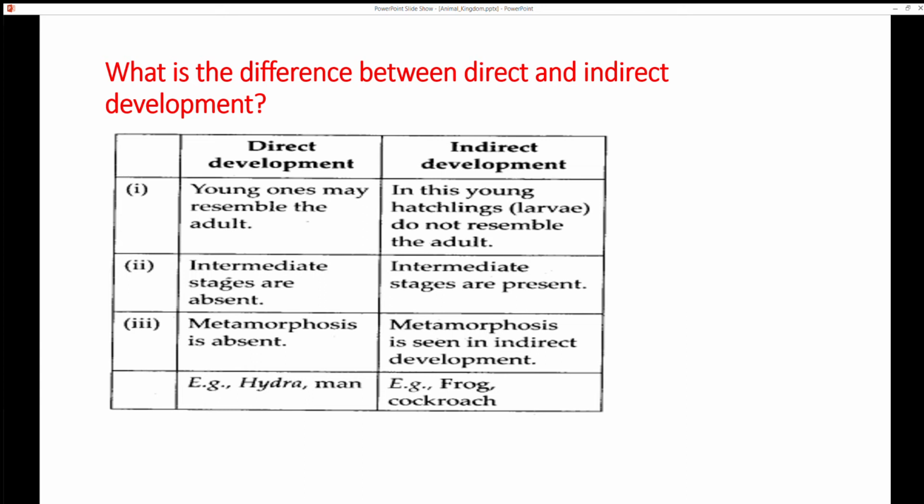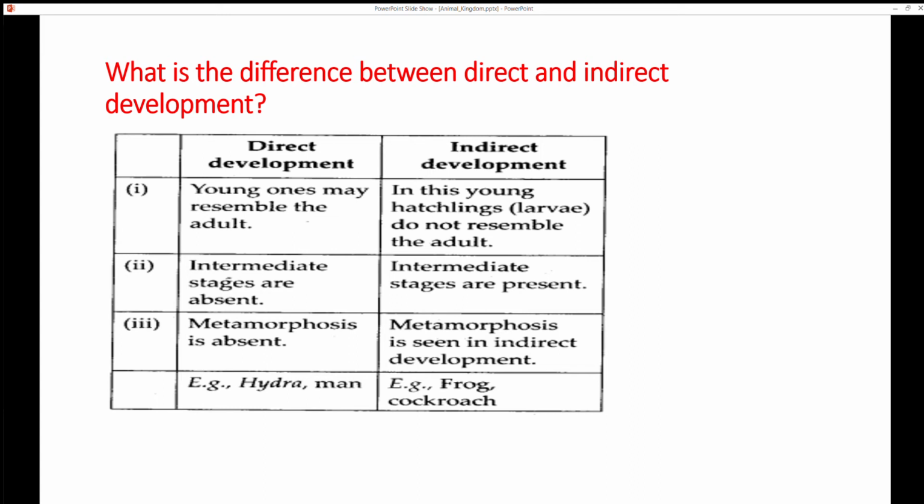So what is the difference between direct and indirect development? As I already explained when I taught animal kingdom, in direct development the young ones resemble the adult, whereas in indirect development, the larvae, which are the young hatchlings, do not resemble the adult.